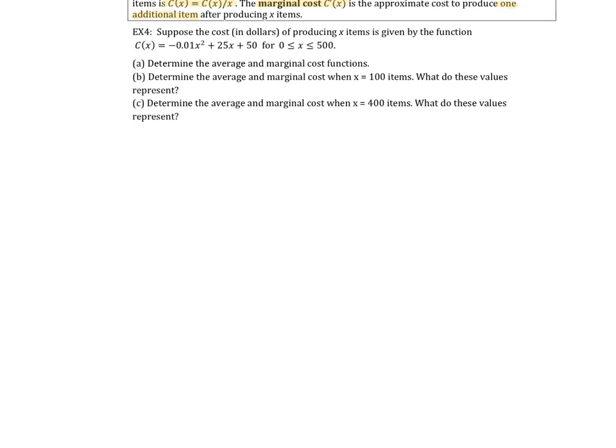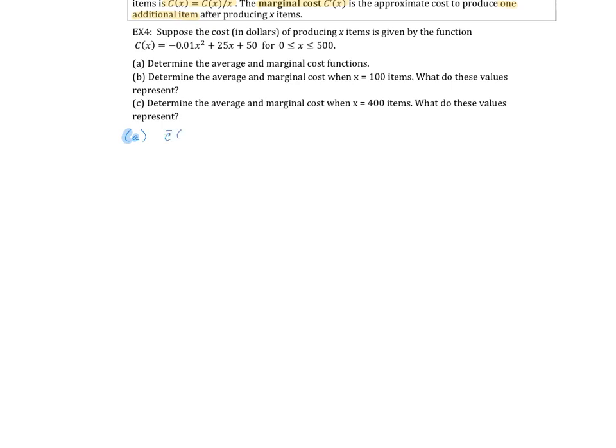In example 4, we have this cost in dollars and we have a cost function. In part A, we want to determine the average and marginal cost functions.